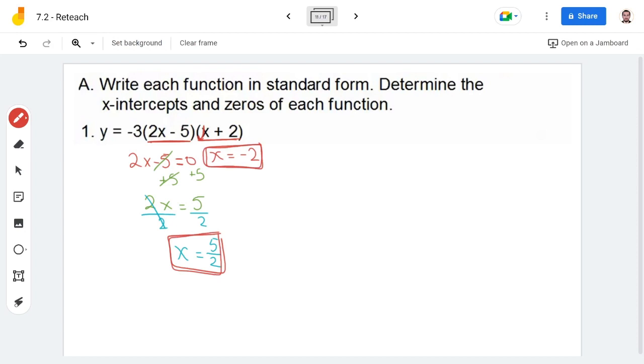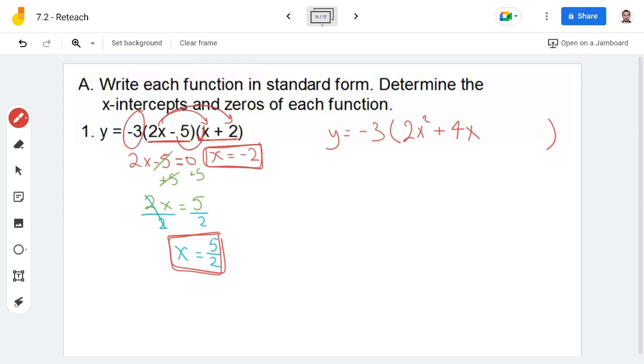Okay, so now if you need to write this one in standard form, let's write it in standard form. As I told you, you keep this number for later, and then you open up a big bracket. Now, 2x times x squared is 2x squared. 2x times 2 is equal to 4x.